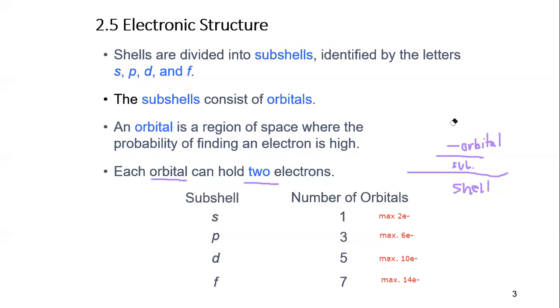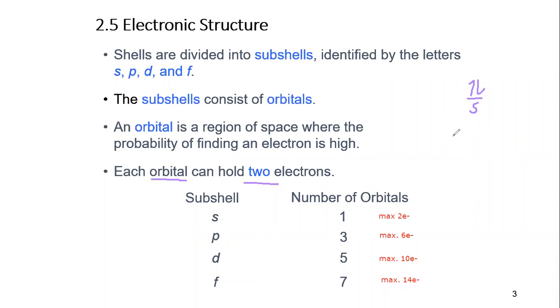So if I was to draw these orbitals as dashes, clear out some room here. And again, we're describing where an electron is in an atom. So for the S subshell, we usually denote it with a dash. One dash means one orbital, and you can hold 2 electrons, which we draw as arrows.